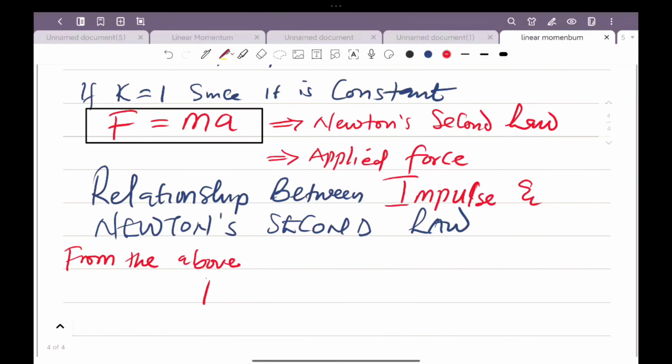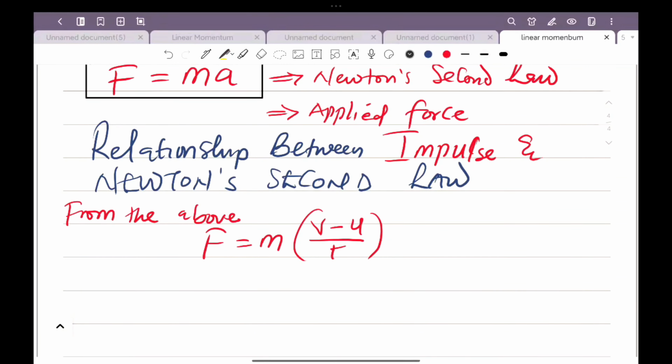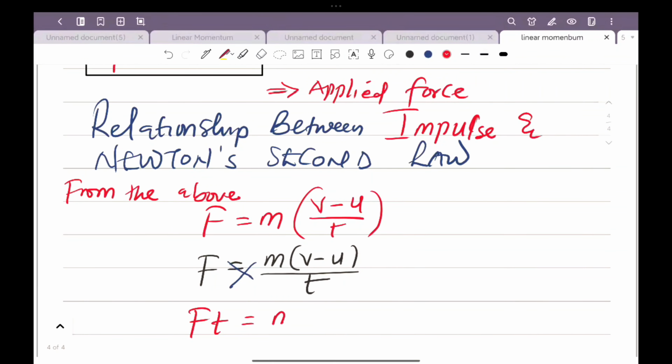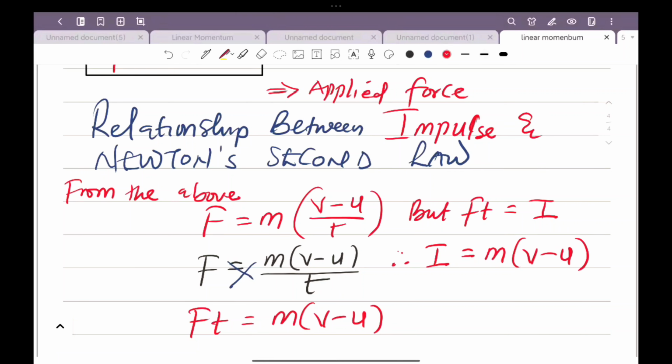From the above, you realize that F is equal to m into v minus u over T. If we rewrite this, we have F is equal to m into v minus u, close your bracket, over T. When you cross multiply, you know that Ft is equal to m into v minus u, right? Then you recall that Ft is equal to impulse, right? Therefore, impulse is equal to m into v minus u.